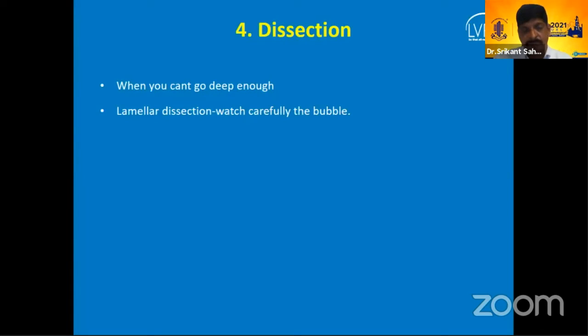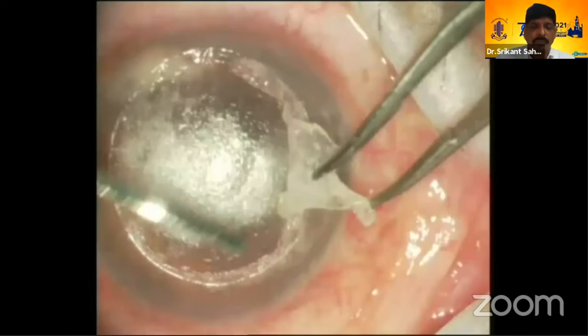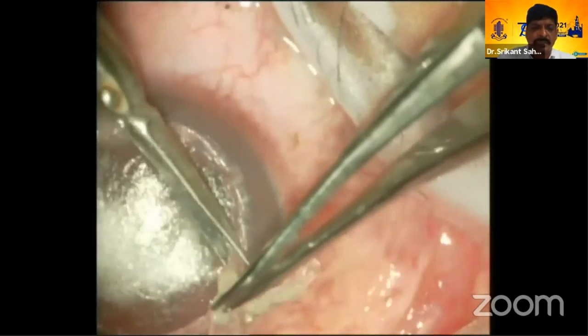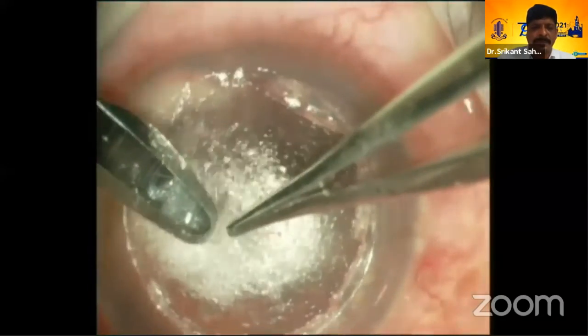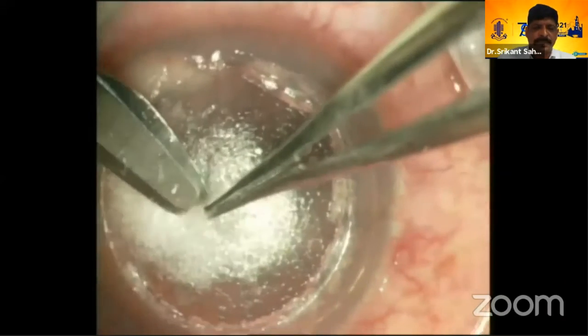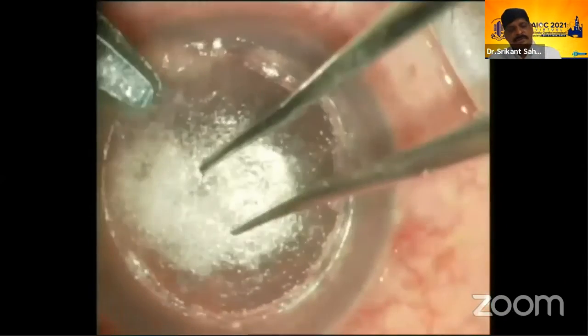Now, sometimes in life, it doesn't go as we want. Even in this case, I have a bubble here, but I'm scared to go into this. One of my earliest cases. So here you can slowly and steadily go deeper inside, as deep as possible with a crescent.